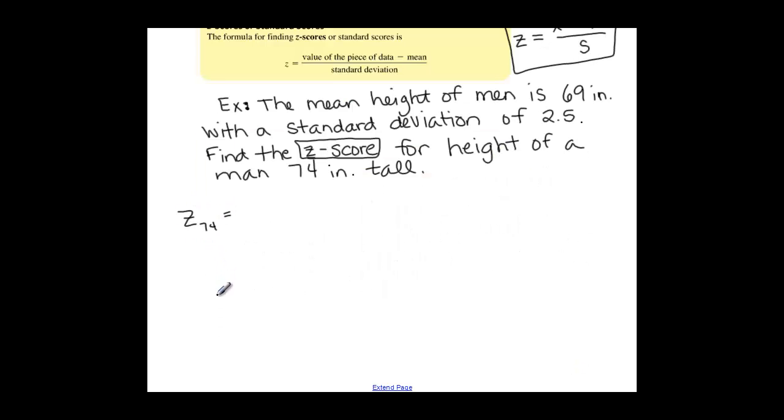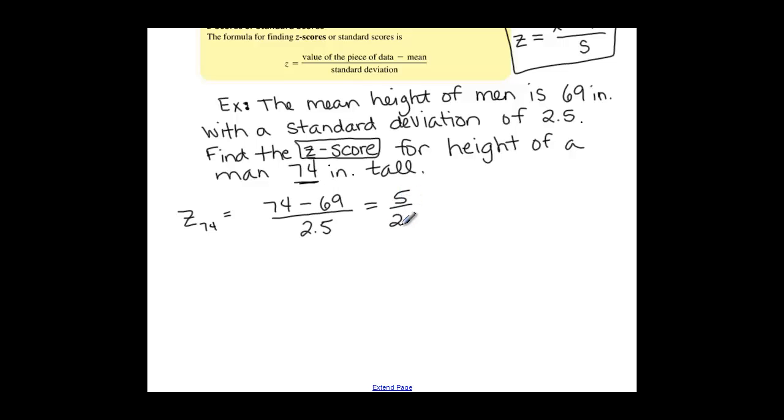When we find the z-score, one way of noting it is to use that piece of data, 74, so we remember what we're finding the z-score for. The formula is the value of the piece of data, 74, minus the mean, 69 inches, divided by the standard deviation given in the problem, 2.5.